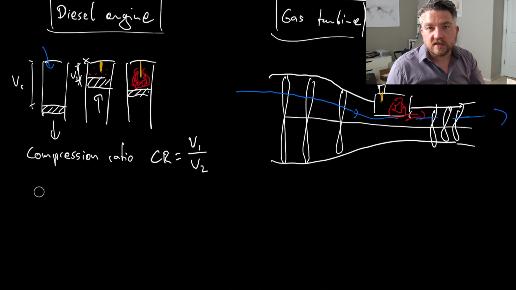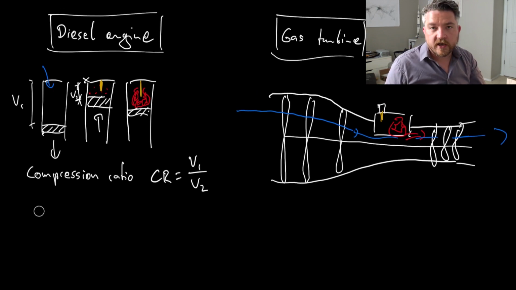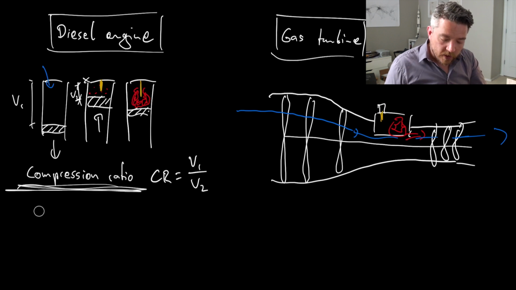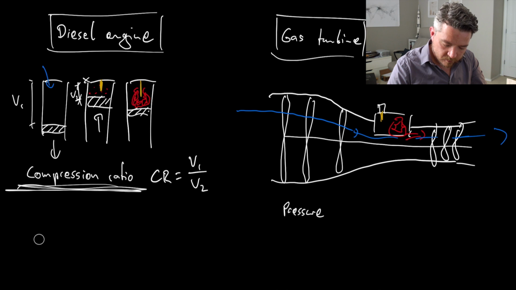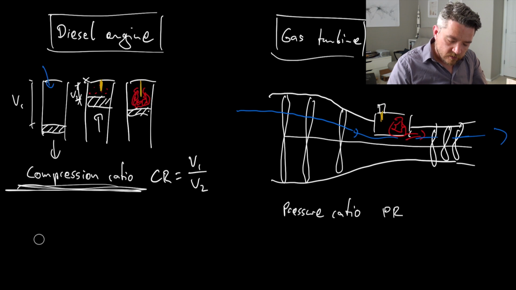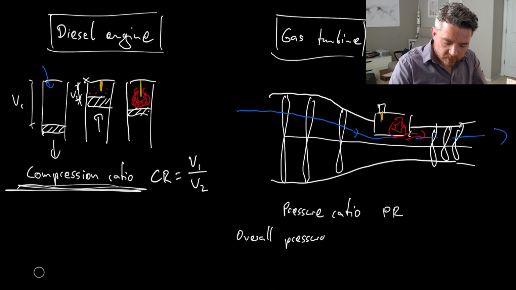So big difference to the diesel engine is of course that this is a continuous machine. In a diesel, it works intermittently in a cycle, or in cycles. In here, it works just continuously. Another thing is just nomenclature-wise, in the gas turbine world, we don't talk about a compression ratio, but we talk about a pressure ratio. Or the overall pressure ratio. And I'll get to that in a bit.